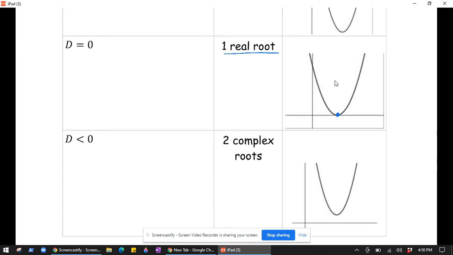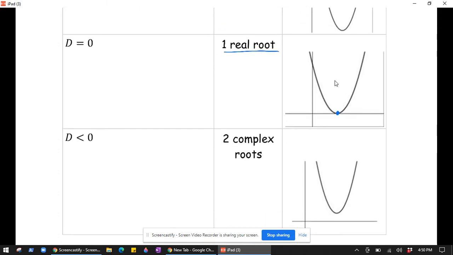And the third possibility is that your discriminant is negative. If that's the case, you get what are called complex roots. Although this course isn't going to focus on that, one thing you should notice is that if that's the case, that means there are no real x-intercepts. And so your quadratic is sort of floating above the x-axis. It doesn't intersect the x-axis.